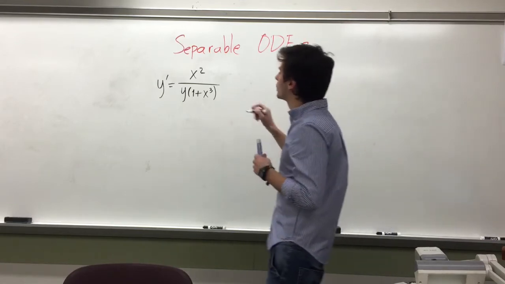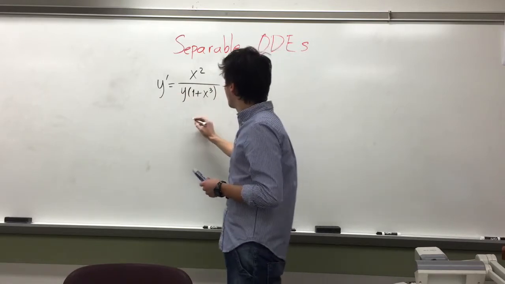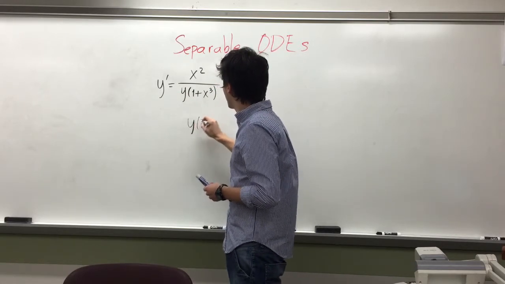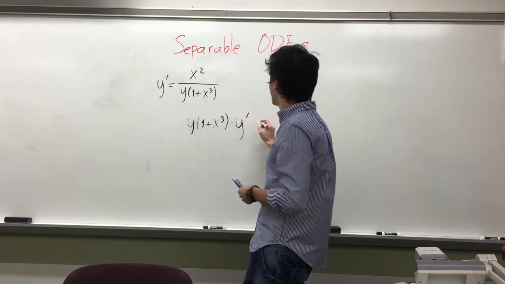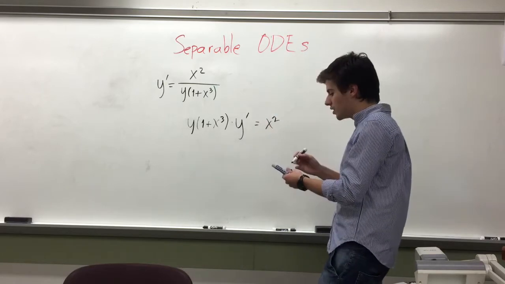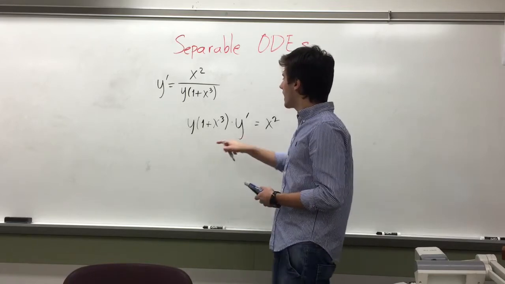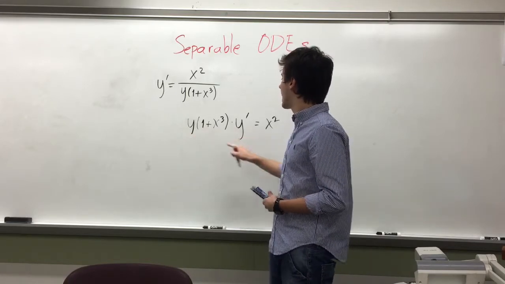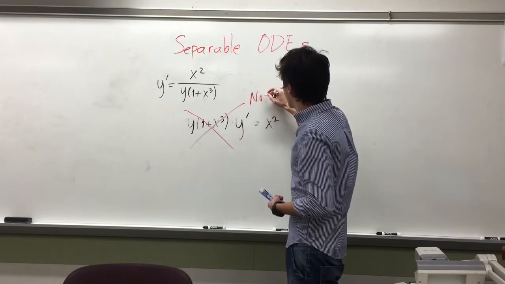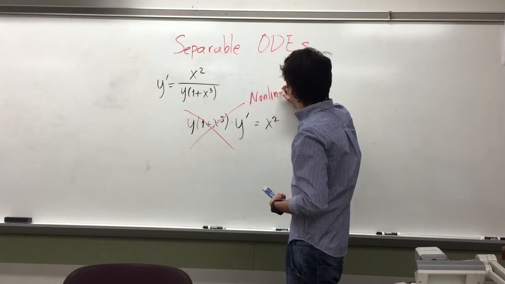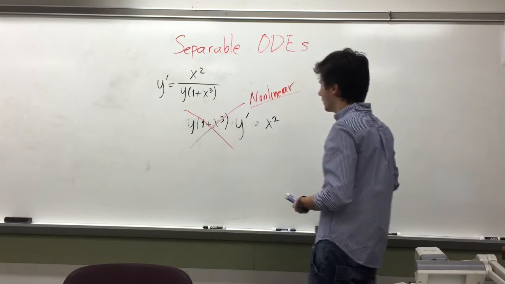So if we multiply by the expression in the bottom on both sides, we're going to have y times 1 plus x cubed times its derivative is equal to x squared. And we know that in a linear ODE, we can't have this relationship, y times its derivative. So this is non-linear.